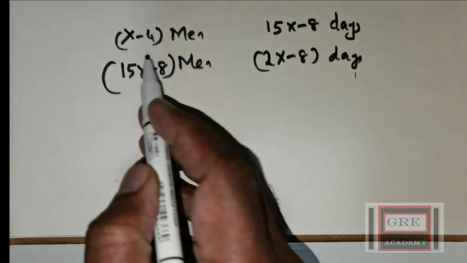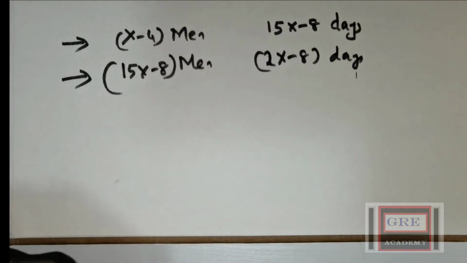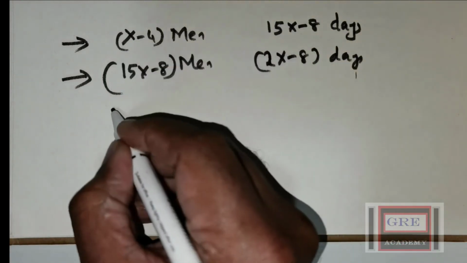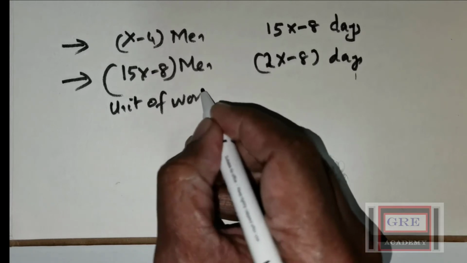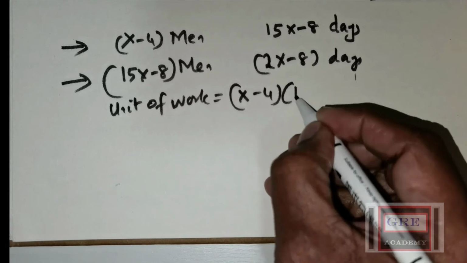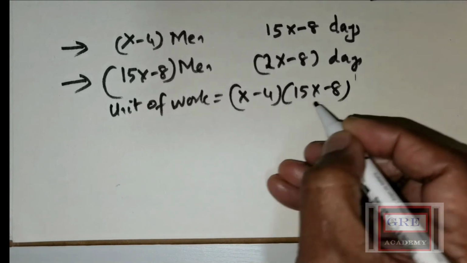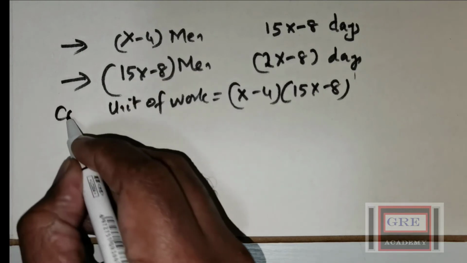So, what we need to do for the first case and for the second case, we need to find the unit of work. So, for the first case, the unit of work is given to be x minus 4 multiplied with 15x negative 8. This will be the unit of work. So this is for case 1.